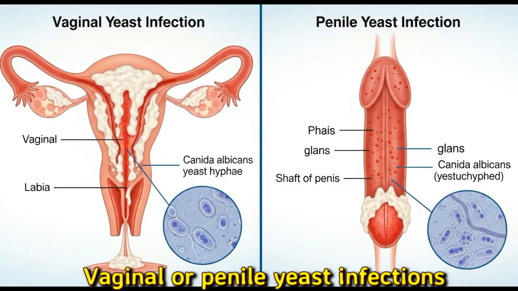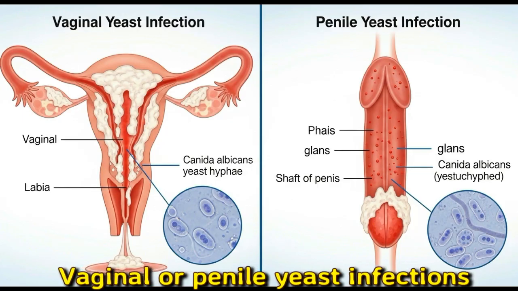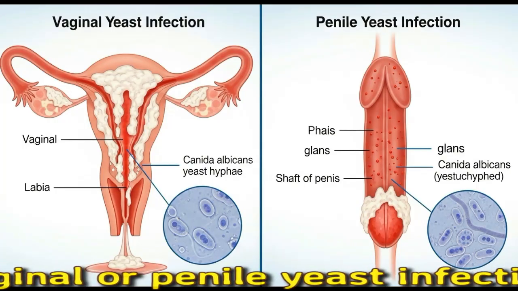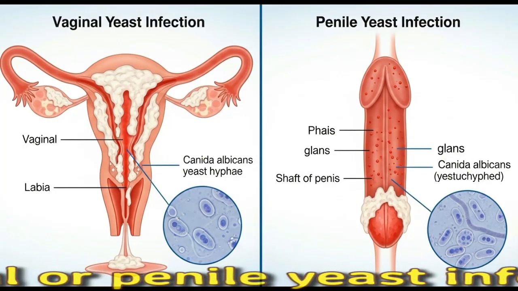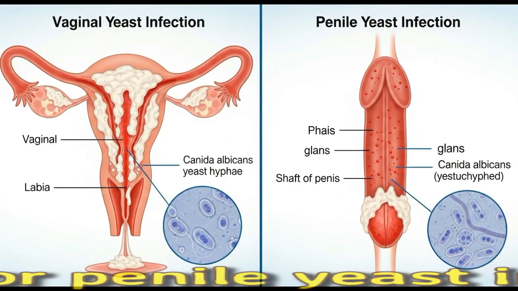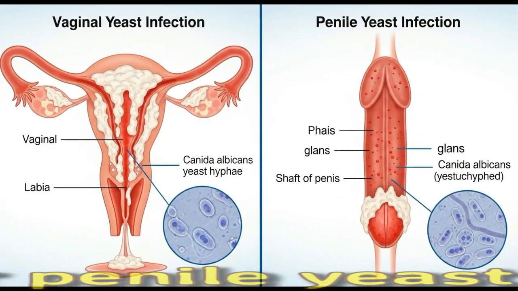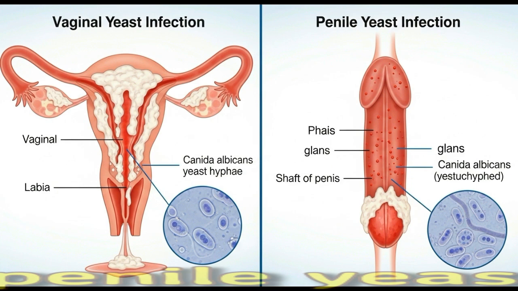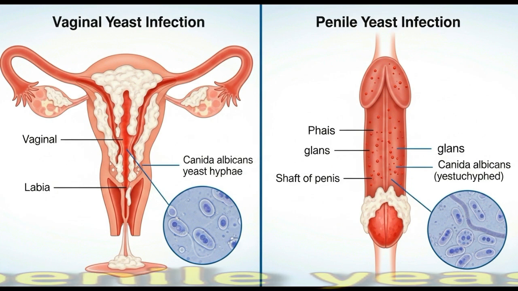Vaginal or penile yeast infections often respond well to antifungal medicines. People should see a doctor for a diagnosis before treating a yeast infection at home if it is the first time they have experienced one.